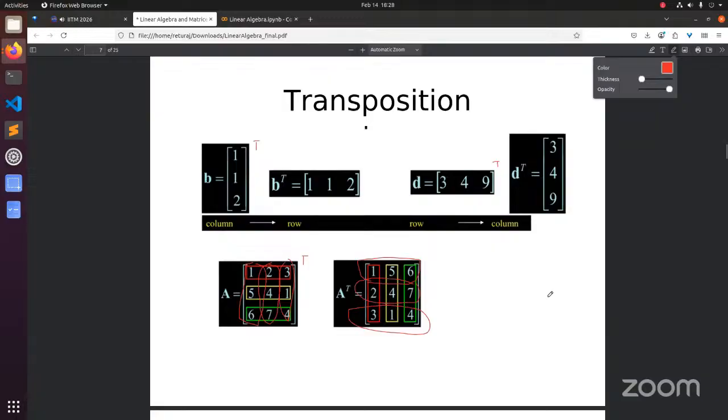Okay, sir. So now I have a very interesting question. What is the transpose of this?